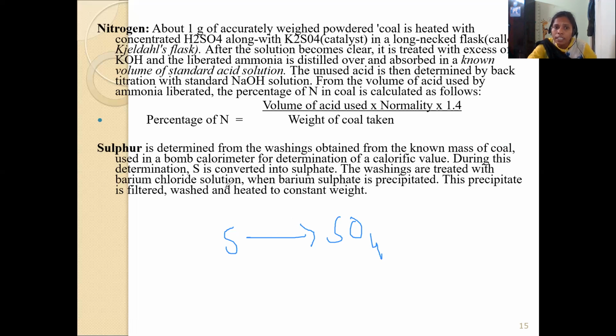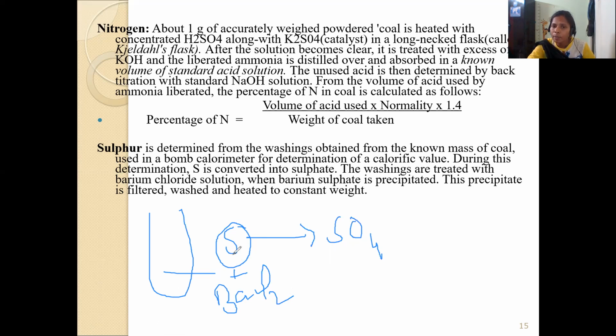The washings are treated with barium chloride because initially we want to find out the sulfur in the bomb calorimeter. Let us assume this is a bomb calorimeter. In this we have the coal sample, and the coal sample is having sulfur. This sulfur is treated with barium chloride.